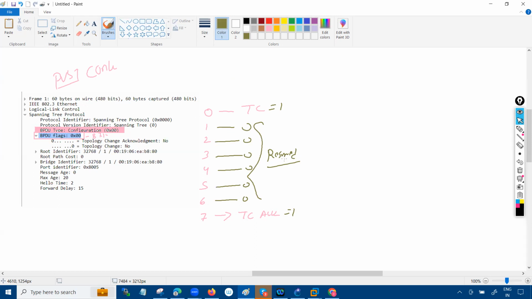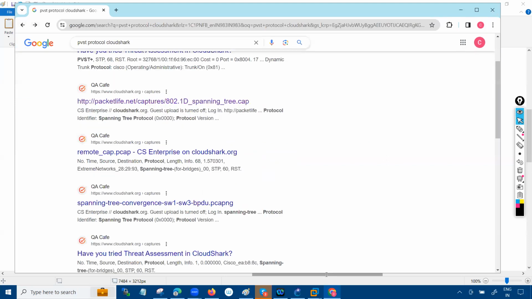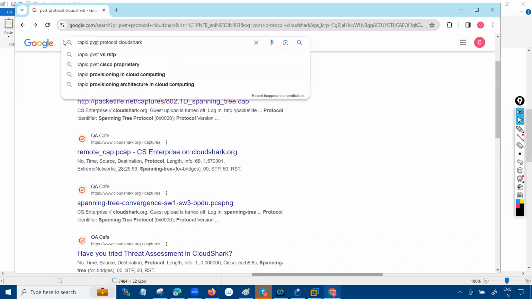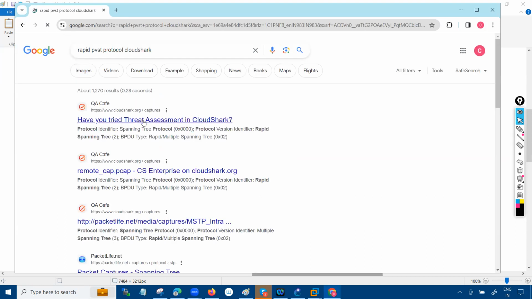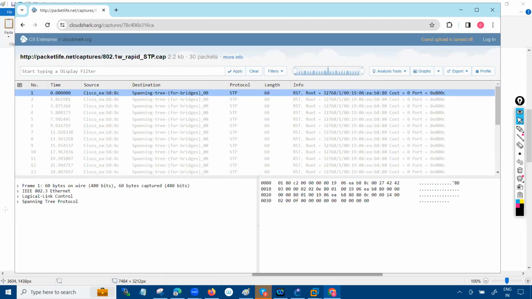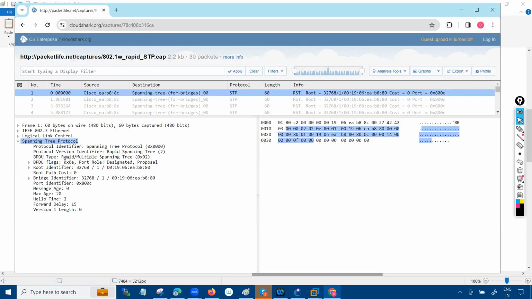What did RSTP do? Let me show you the RSTP BPDU. In the Spanning Tree Protocol, the BPDU type is now RPVST.